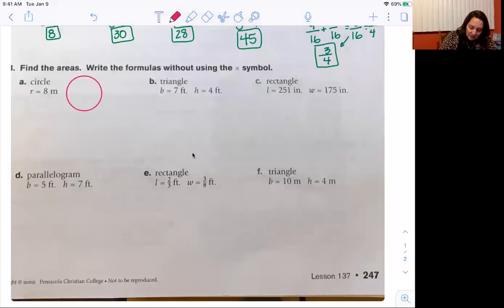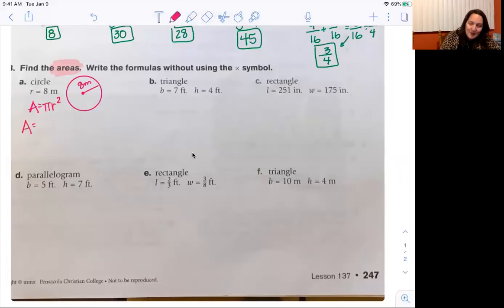Here's my circle. Okay, and I have a radius of 8 meters, so I'm going to label it here. And I know that I'm finding area. So what is the area of a circle? Area equals pi r squared. Let's work it out.